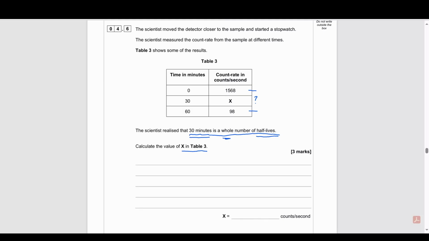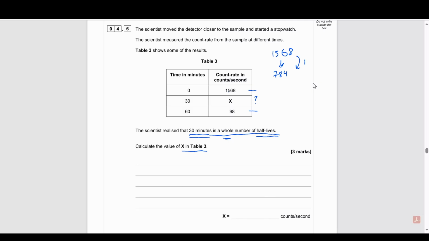So we want to find how long it takes to get from 1568 to half of 1568. Let's find out what 1568 divided by 2 is first. If we do that in our calculator, we get 784. So 1568 to 784 is going to be one half-life.